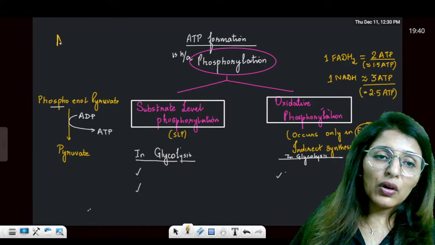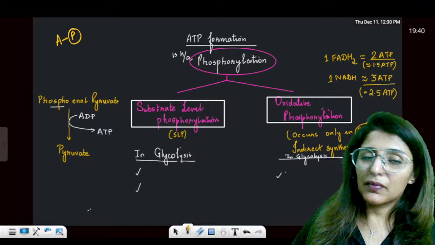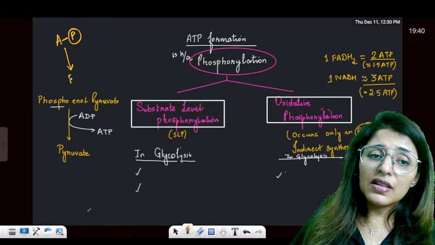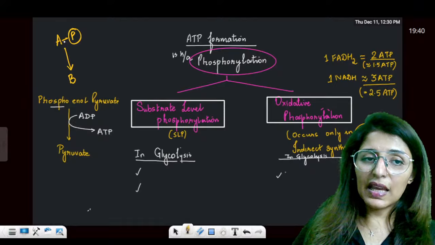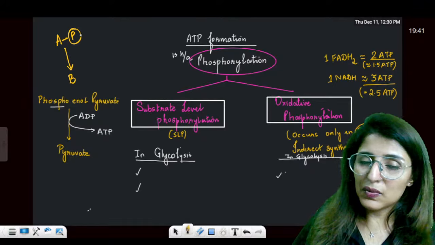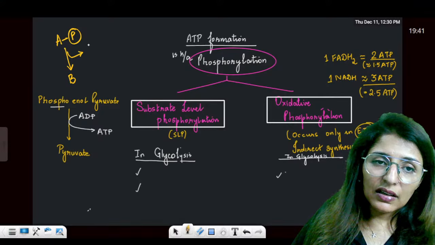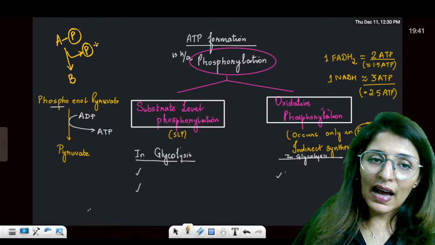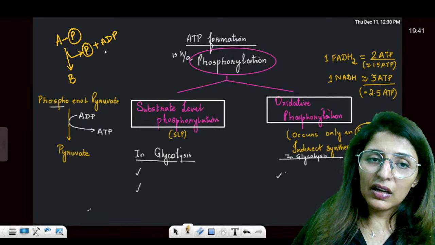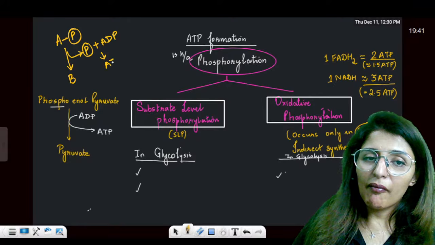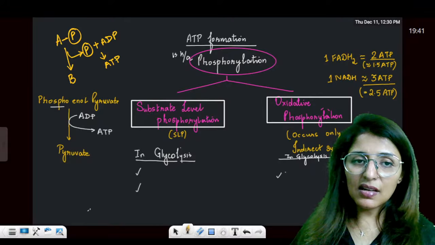There is one molecule which has a phosphate, right? If I take the phosphate from here and add it to ADP, it will form ATP. Just understand the basics.